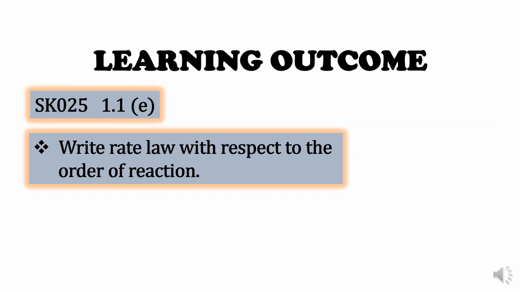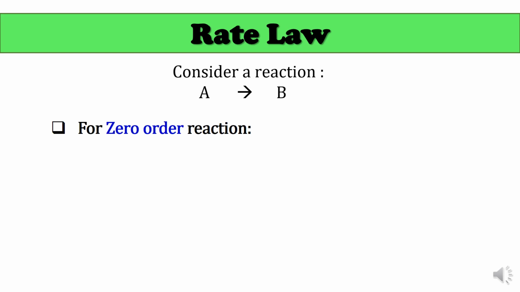The next objective is write rate law with respect to order of reaction. Consider the following general reaction equation. A produce B. For zero order reaction, the rate law is rate equal to k[A]^0. The reaction given involves one reactant only, and the order for this reaction is zero order.